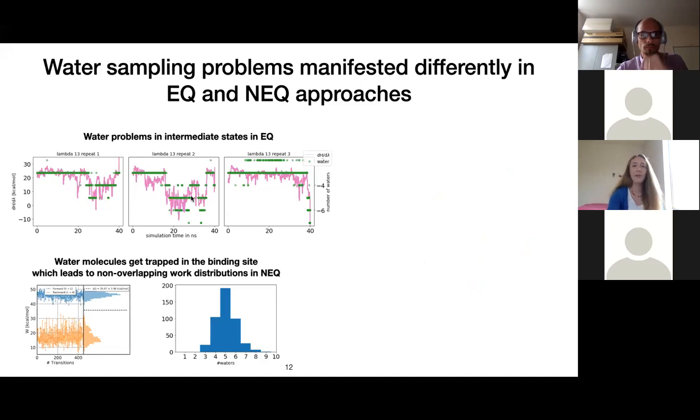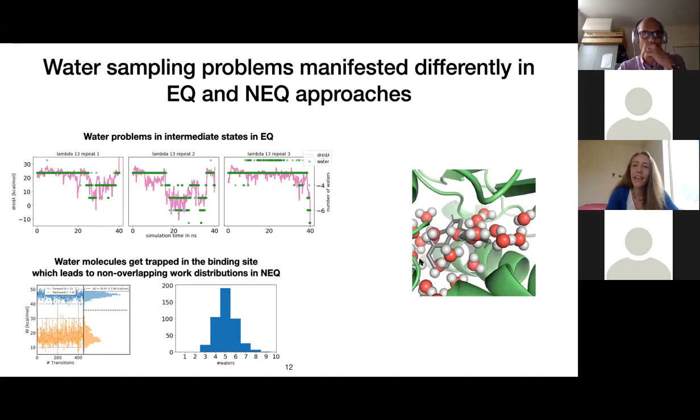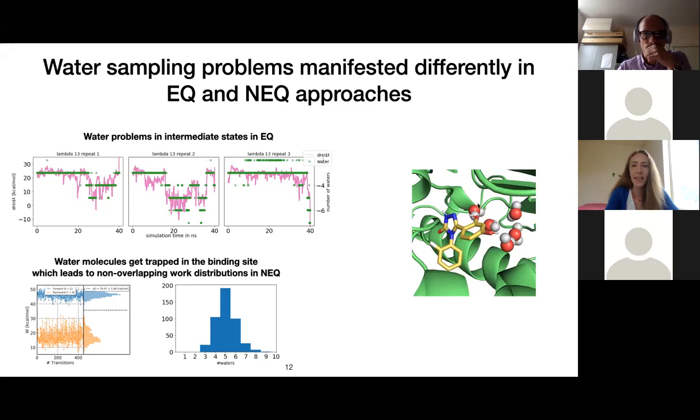In the non-equilibrium approach, we saw a little bit of a different picture. Here we saw that the two work distributions really did not overlap at all, which shows that there was dissipation. Here we identified that when the ligand is non-interacting in the binding site, water molecules completely fill this space. When we turn the interactions of the ligand quickly on in these non-equilibrium switching transitions, some of those water molecules get stuck in this same buried space, which then leads to the high dissipation.